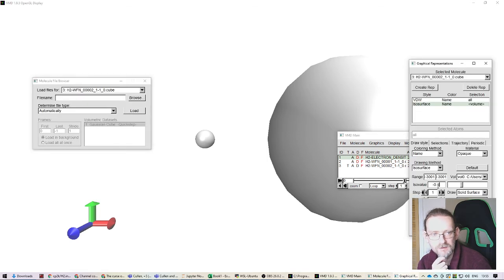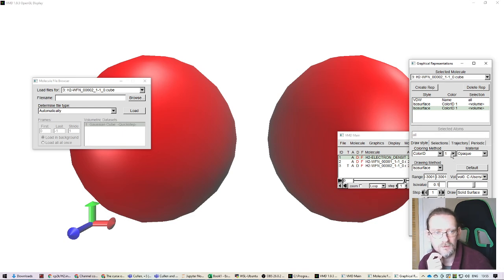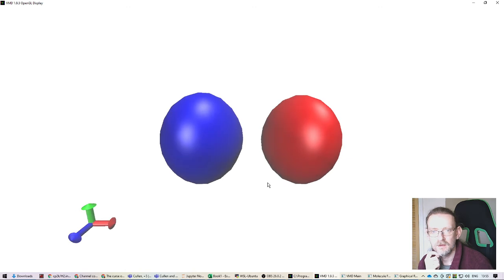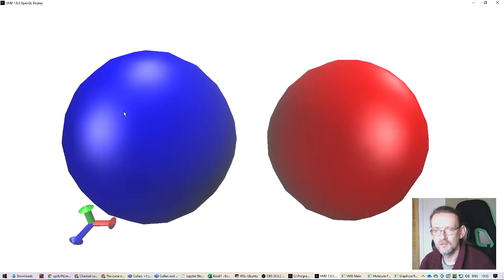So here I've drawn an isosurface with a value of minus 0.1. If I create a new isosurface with a value of 0.1 positive, colour it blue, then this second state, this higher excited state, is an antiphase combination of the wave function on the two individual hydrogen atoms.